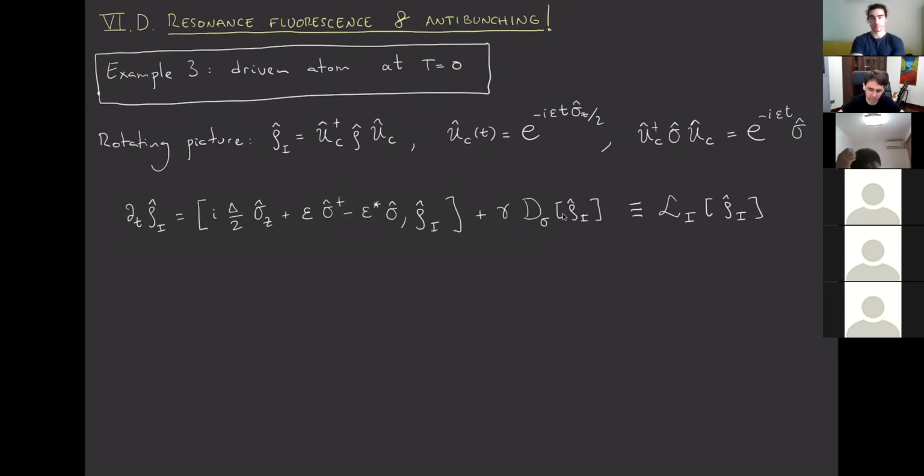Now, there are many ways in which you can find the correlation functions in this system. Again, because it's a two-level system, it's obvious that we only need 4 operators because the dimension of the system is 4. So with 4 operators, we can find a closed set. So one possible route, so I just want to mention it, even though we will not follow it, is that the operators sigma, sigma dagger, sigma z, and the identity form a closed set.